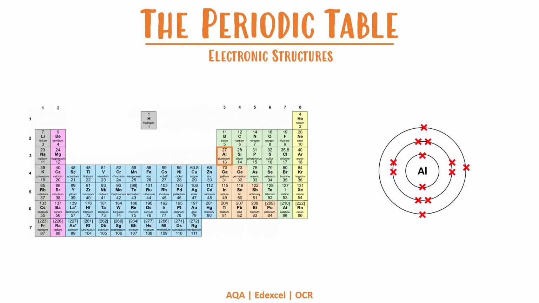Aluminium. It's in period 3, which means it's got 3 electron shells, and also in group 3, which indicates it's 3 outer shell electrons. And we can use the placement of atoms on the periodic table to help us draw the electronic structures that they have.